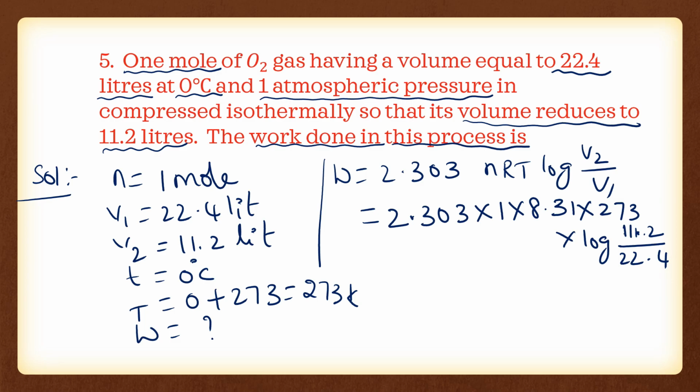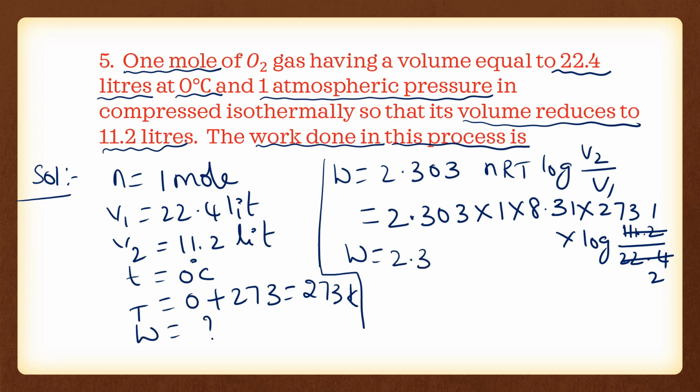So 11.2 into 1, 11.2 into 2, log 1 by 2. Log 1 by 2 can be written as log 1 minus log 2. Log 1 value is 0, log 2 value is 0.3010.